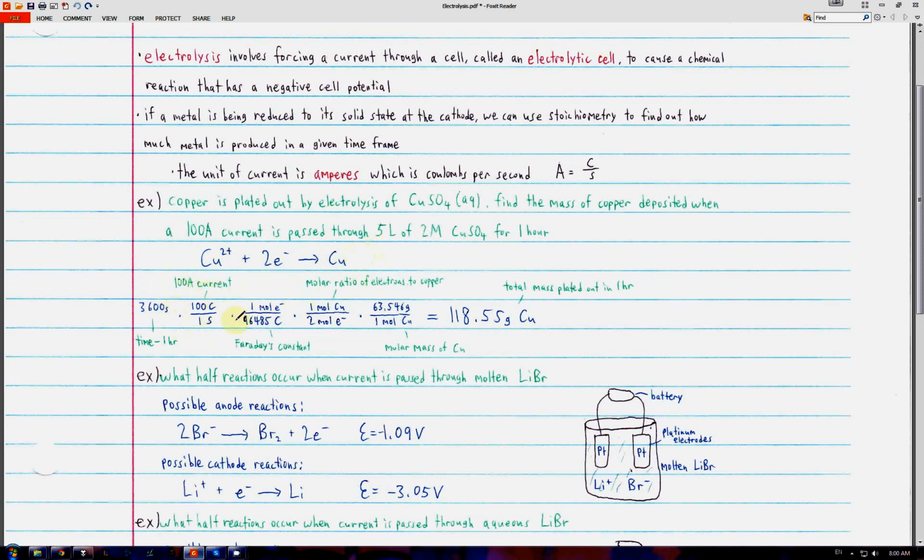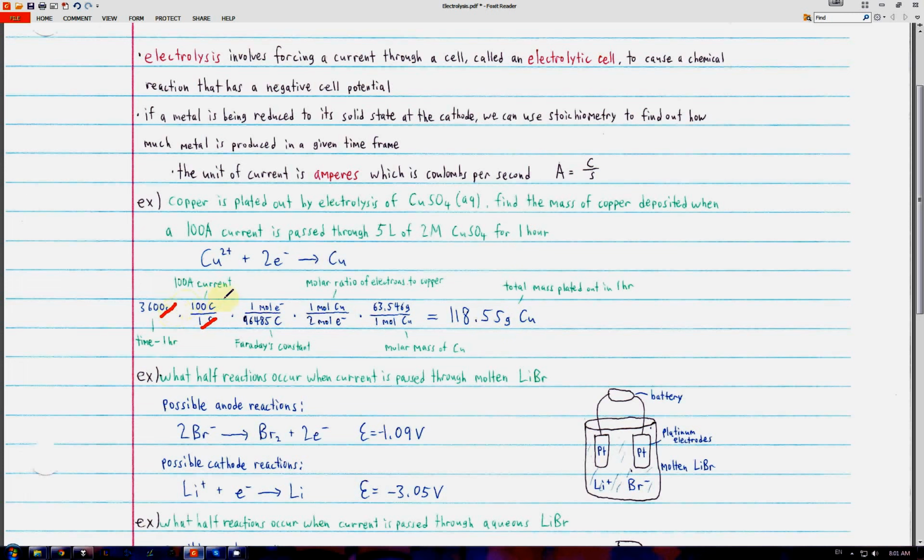So we start with a current, which is 100 amperes, or 100 coulombs per 1 second. And then a time period of 1 hour, which is 3600 seconds. And so we're basically just canceling out all the units until we get to a final goal of grams.